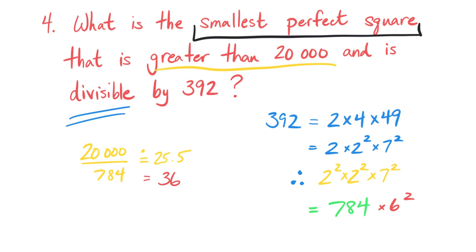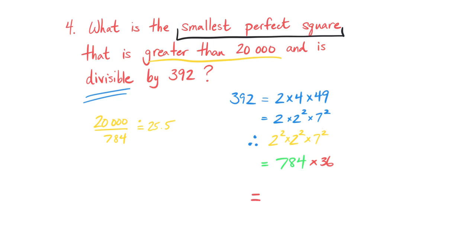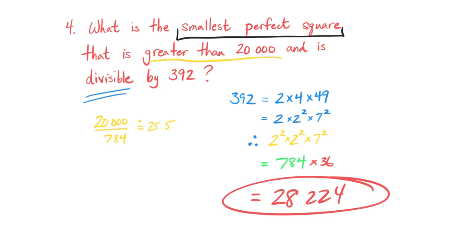If I take 784 and multiply it by 36, I'm just going to shrink this down, slide it up, then that is going to give me 28,224. And there is the smallest perfect square greater than 20,000, but also divisible by 392.